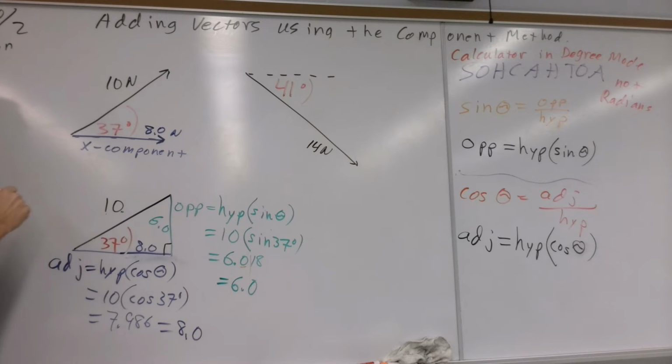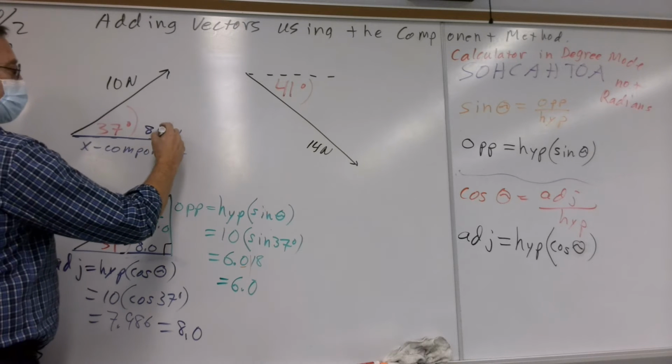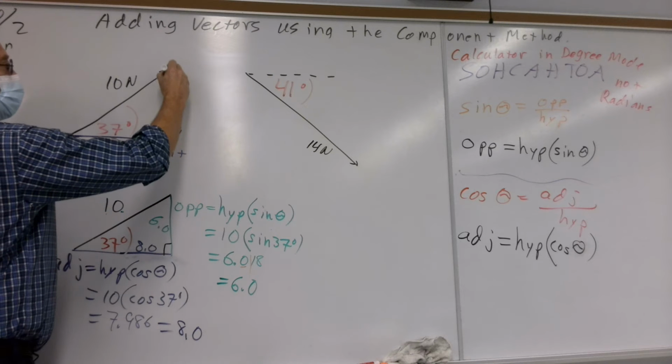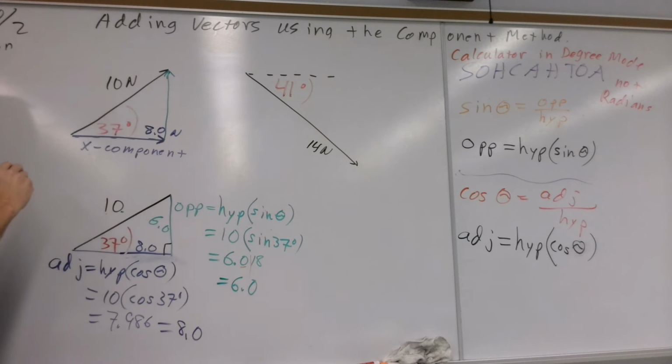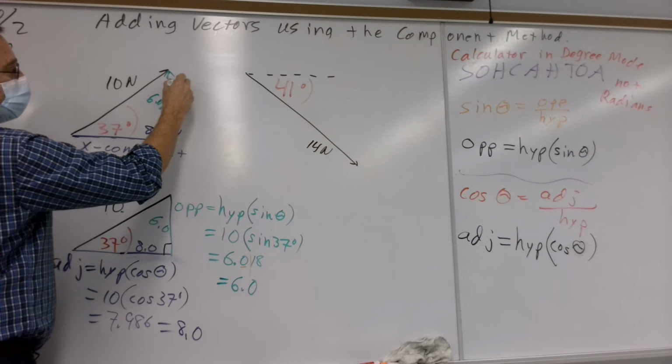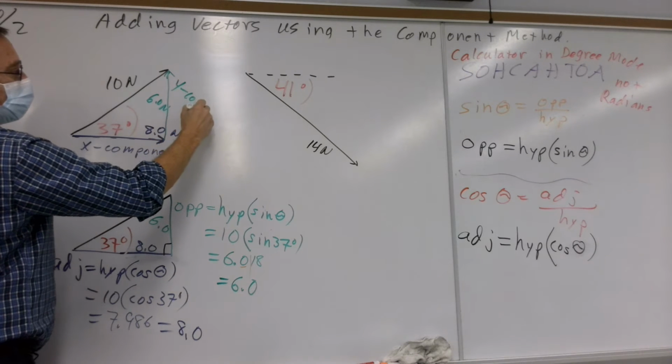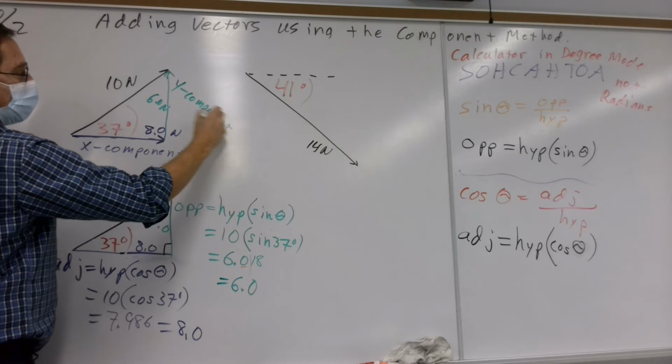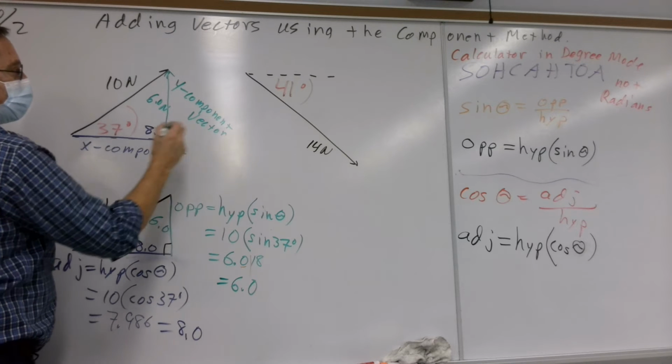Soon I'll just be writing COMP for component, save some writing. And for the time being, I'm going to put the green vertical vector, and that is 6.0 newtons, and that is the y component vector. Does that make sense?